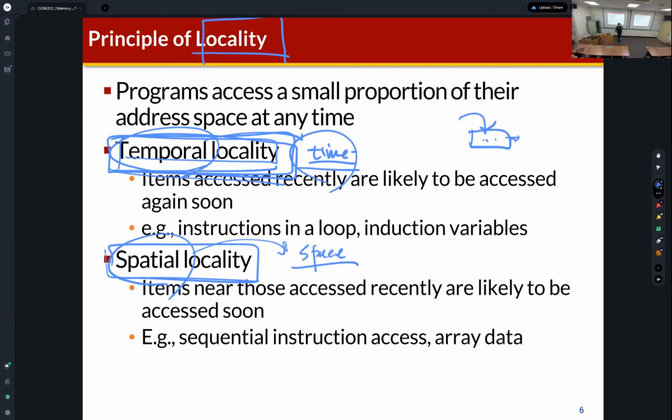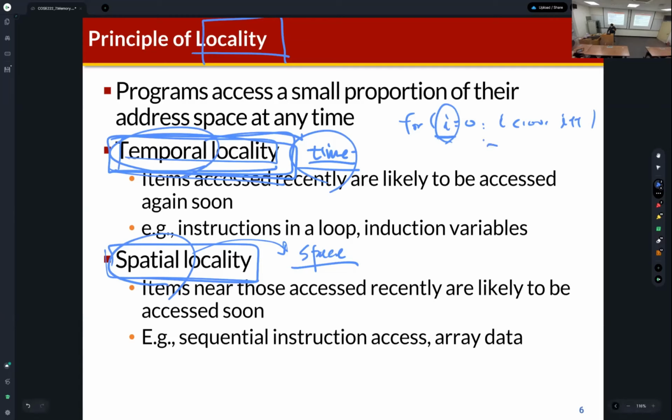This kind of property is observed in our normal applications. For example, we frequently use the iterative loop: i equals 0, i less than 100, i plus plus. In this iterative loop, the variable i is repeatedly used, right?